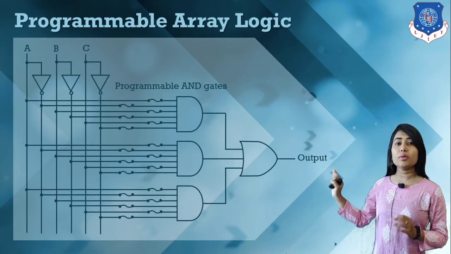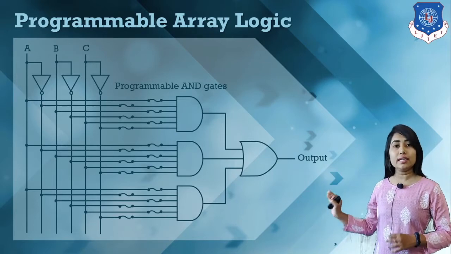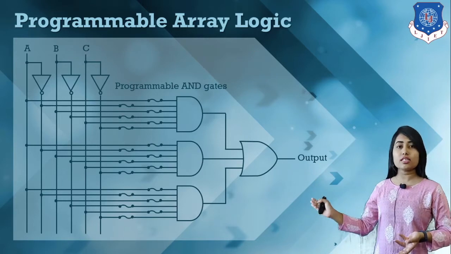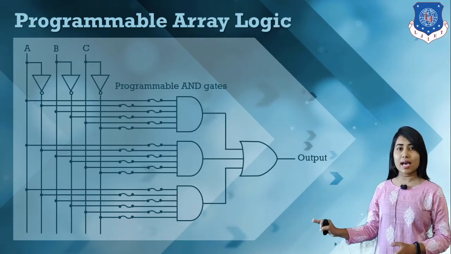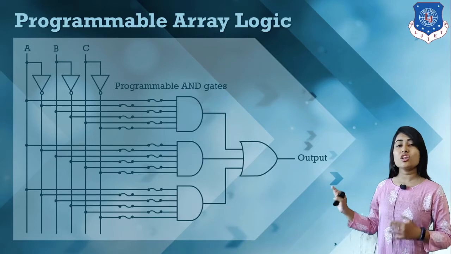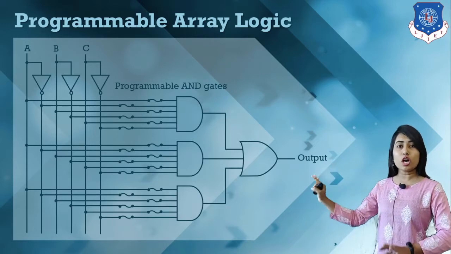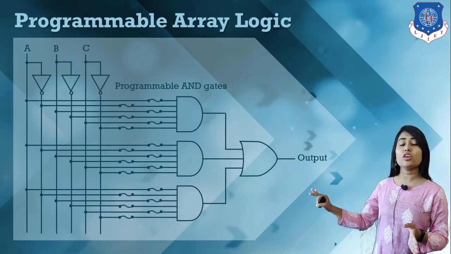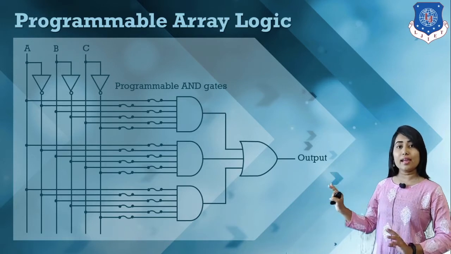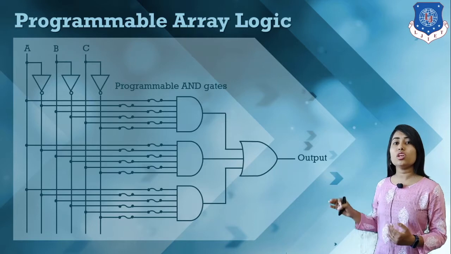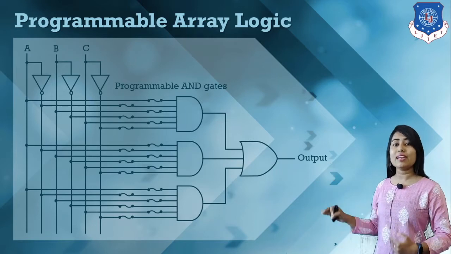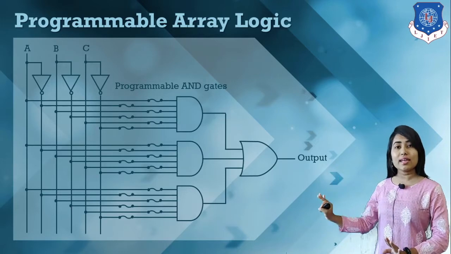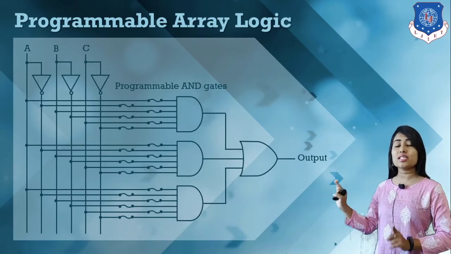Here we have a PAL logic circuit which contains 3 inputs, A, B, C, and obviously its complemented values are always there: A dash, B dash, C dash. All the input combinations are given to the AND gates. Basically, here we use 3 AND gates, and all 3 AND gates have all 6 input combinations.